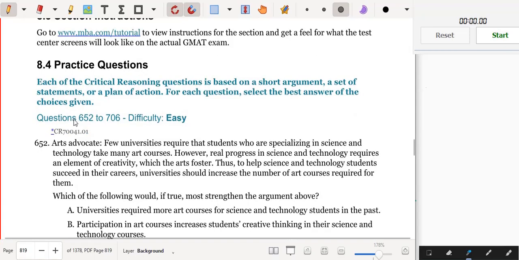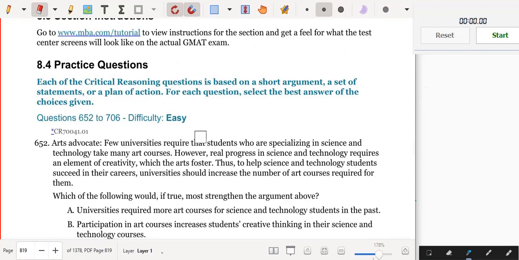From 652 to 706, there are roughly 54 questions in the easier section, and after that there are medium level questions and the hard level. So let's see how much I can finish today.